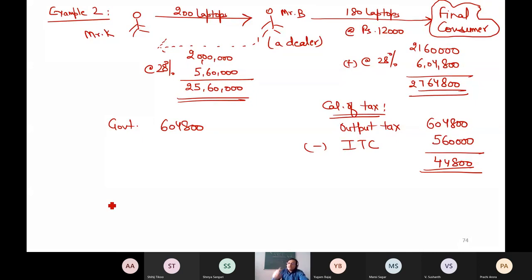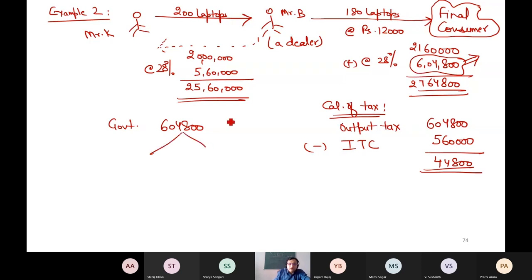So ultimately, the final consumer who has purchased 180 laptops for personal use or for whatever, doesn't matter, will pay 604,800, and that person has paid to B 604,800. Final consumer has paid to B, but B will not pay 604,800 to the government because B has already paid something to Mr. K and K has already deposited it.